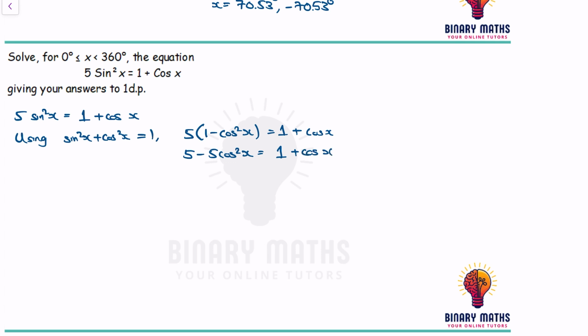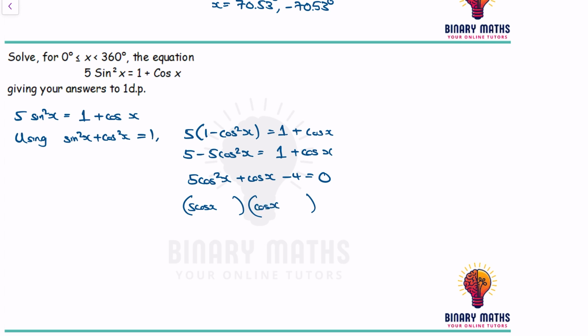Let's move everything to the right-hand side so we get positive cos squared. I get 5 cos squared x plus cos x, 1 take away 5 is minus 4, equals 0. If I'm factorizing this, I get 5 cos x in one bracket, cos x in the other.